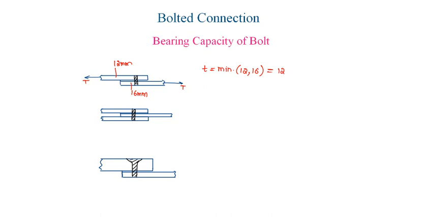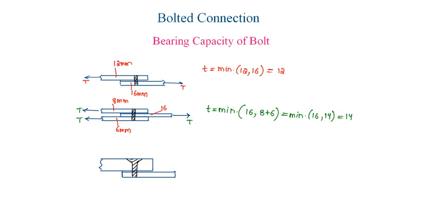Whereas if an 8 mm thick plate and a 6 mm thick plate are connected to a 16 mm thick plate, and load is applied in this way and this direction, then t will be the minimum of, in this direction 16 mm thick and in these two directions 8 plus 6, that is the least of 16 and 14, that is 14 mm.